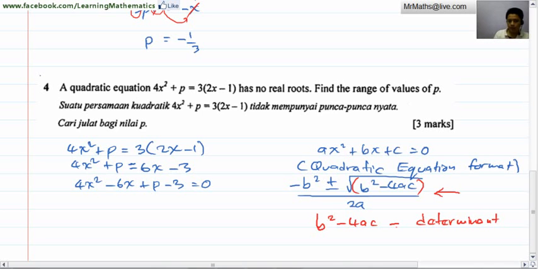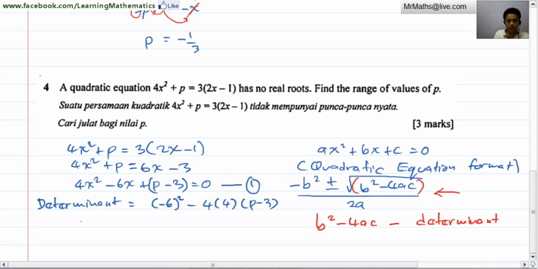Okay, let's move on. What is the determinant for this equation? The determinant is negative 6 squared minus 4ac. 4a is 4, c is p minus 3, the whole thing here is c.